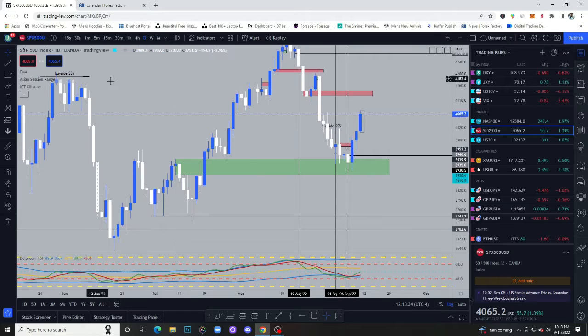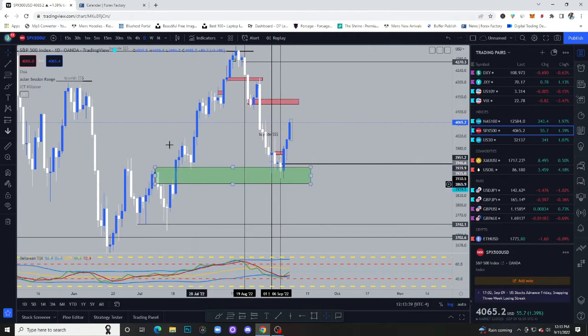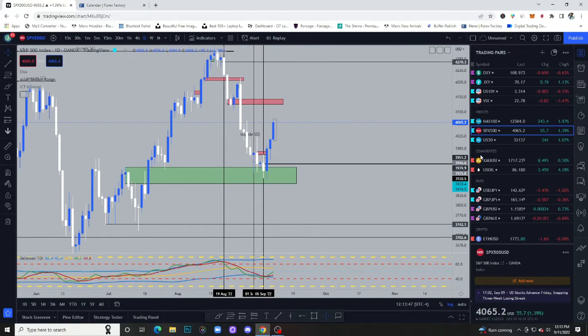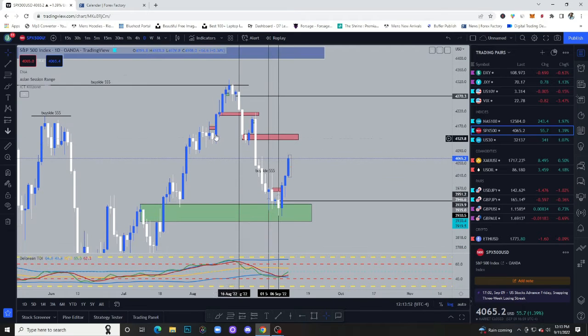Alright, so with that being said, as we go further into it, as you can see, this level right here, and honestly there are a lot of other breaker blocks also, but not every breaker block is going to be successful as a repricing or retest level. So you have to apply that element of patience, waiting to see what price action does.